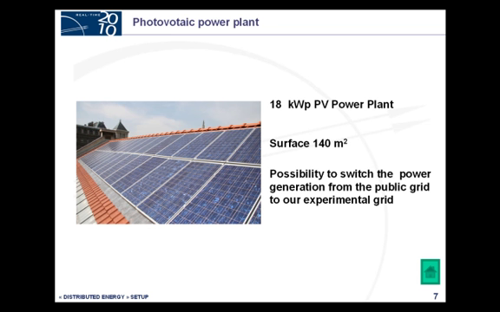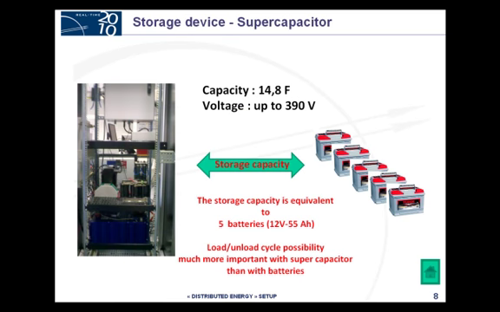We have also a photovoltaic power plant, which is 18 kilowatt peaks, and you have the possibility to connect this power plant to our experimental grid. We have also storage device, which is only now a supercapacitor device, but we will soon have some battery device and hydropneumatics storage device, which will be developed in a research project.